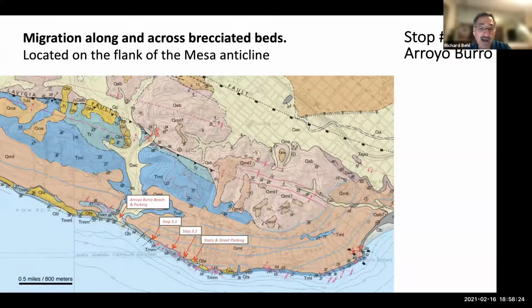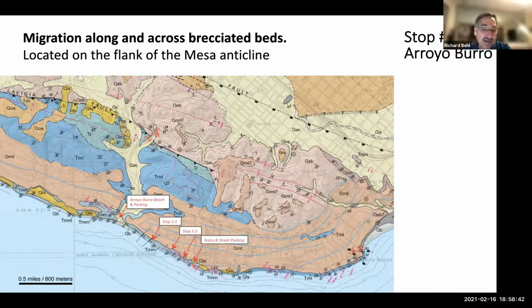And this is on the flank of the Mesa anticline, which runs through the area called the Mesa, the Santa Barbara Mesa. There's a thrust fault that outcrops in places, the La Vigia Fault as well.